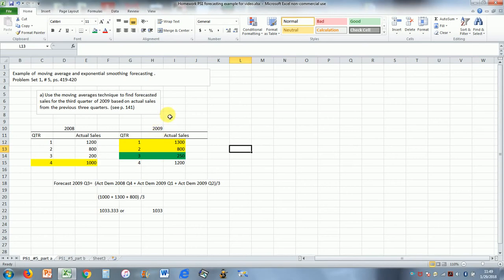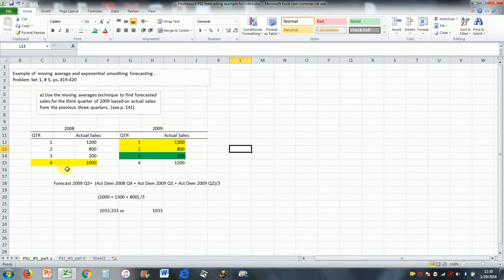What you do in moving averages forecast technique is to use past data, and since the question is asking us to use the previous 3 quarters, I've highlighted in yellow what we're going to be using. So this is the one we're looking to find out the forecasted sales. So we're going to have to use 1, 2, 3 quarters in arrears, starting with the fourth quarter of 2008, then the first quarter of 2009, second quarter of 2009.